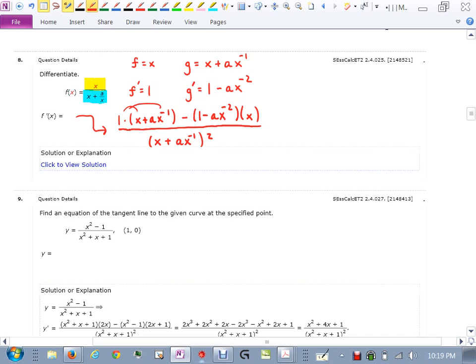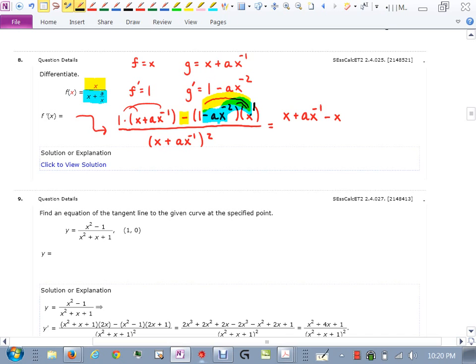Okay, distribute a 1 through here. That's great. Nothing changes. So I have x plus ax to the negative 1. Then distribute just an x through here and here. Notice also we have a negative sign. So when I multiply this times this, I get x, but then I subtract it, so that gives me negative x. And then when I multiply the x times this one, it gives me a negative a, but then I add the exponents.